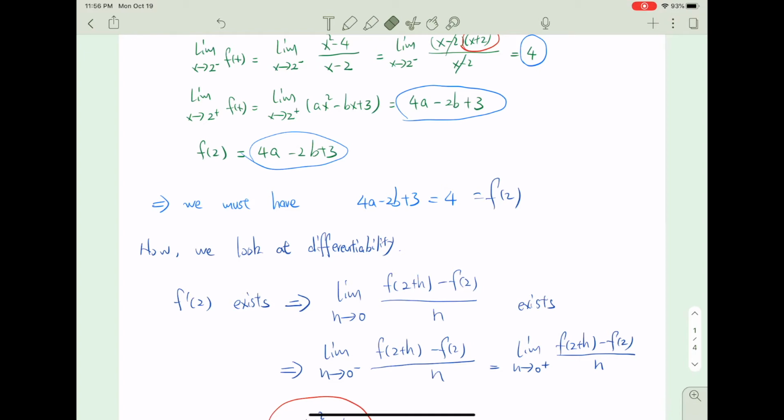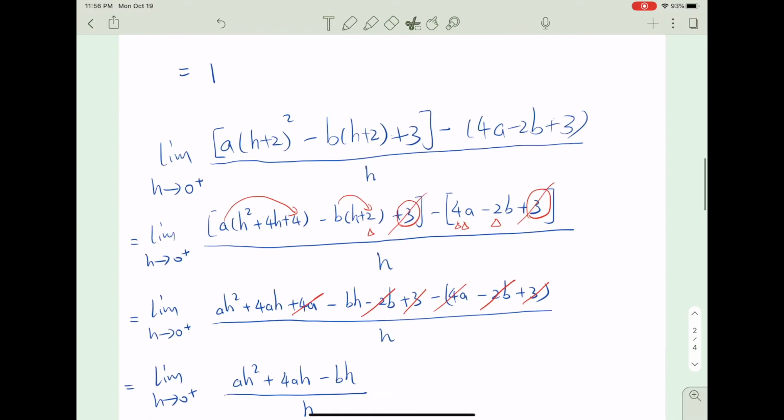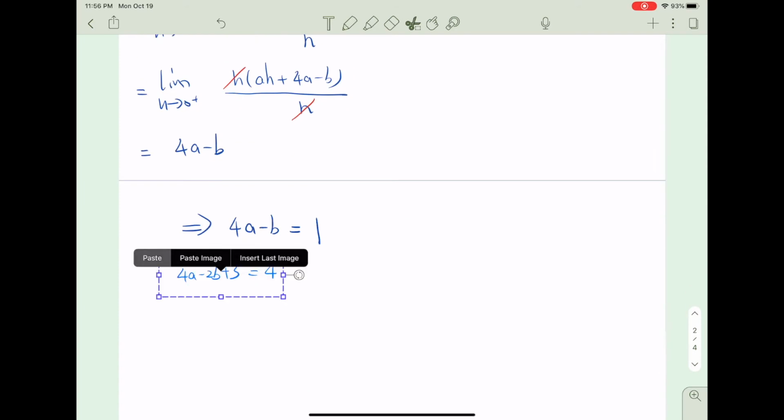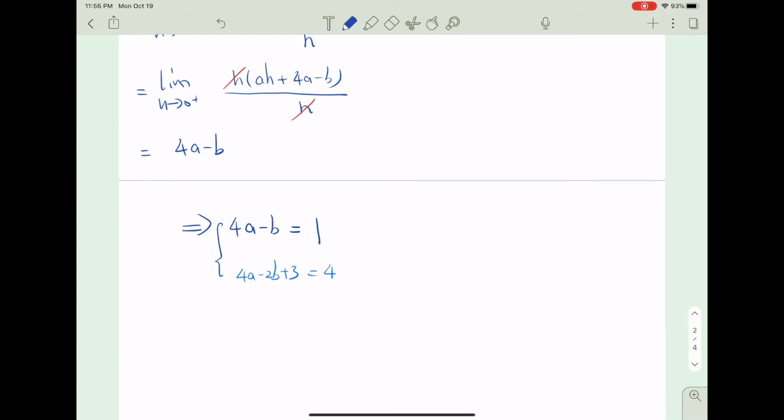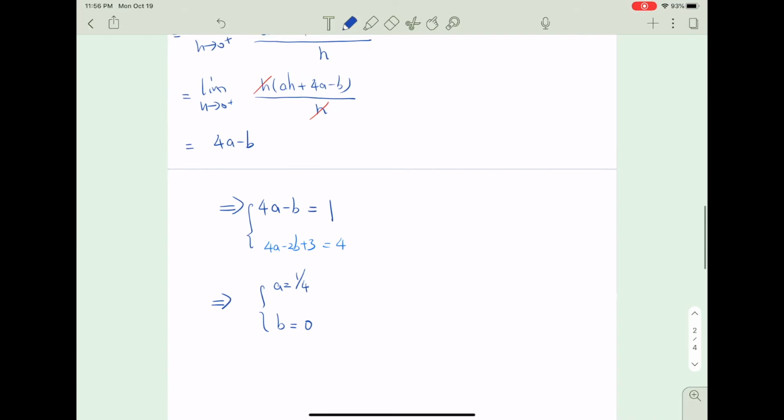Okay, so let me just copy and paste this guy here, so that we have a system of equations to solve, right? And if you solve this, you easily obtain that a is equal to 1 over 4 and b is equal to 0. Right? So that is the final solution.